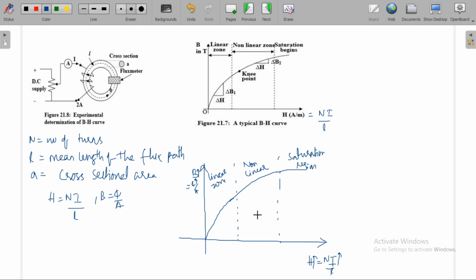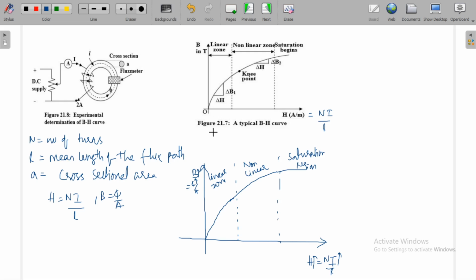With the increase in current, flux will be increasing, or with the increase in H, the magnetizing force, flux density is increasing in this region. Here the rate of rise in flux density, delta B by delta H, is more, whereas in this region the rise in flux density is delta B2, and in the earlier region it is delta B1.